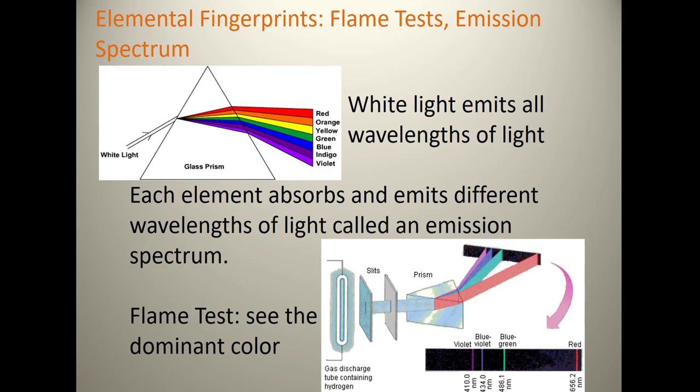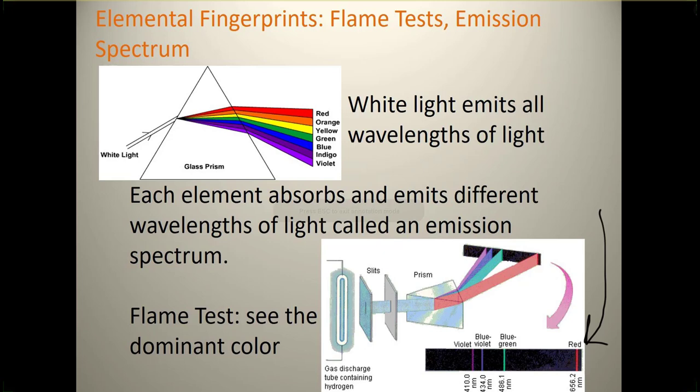If you excite the electrons in a gas and then put it through a prism, you see what's called an emission spectrum. These wavelengths are absorbed by the electron, and then they are emitted in the form of this light that we can see when that electron drops back down to a lower energy level.